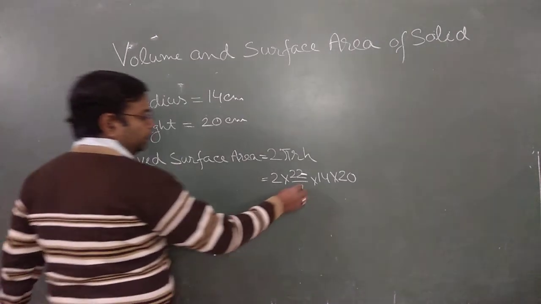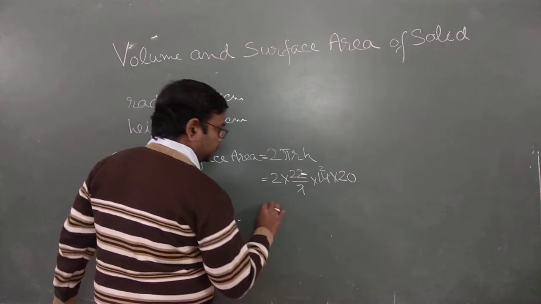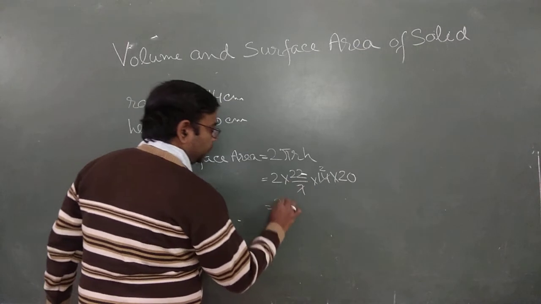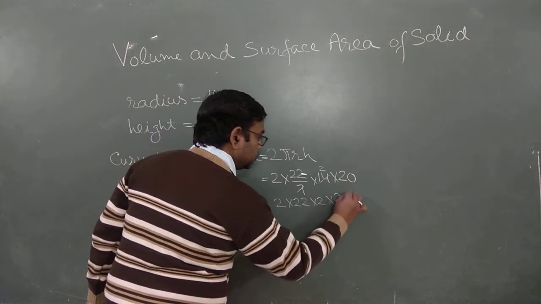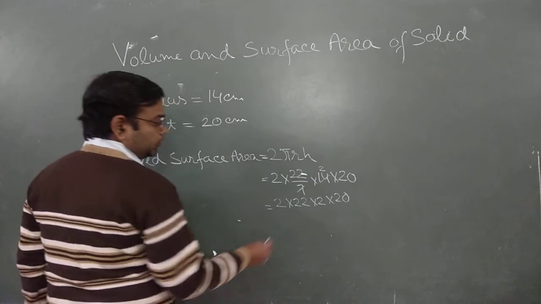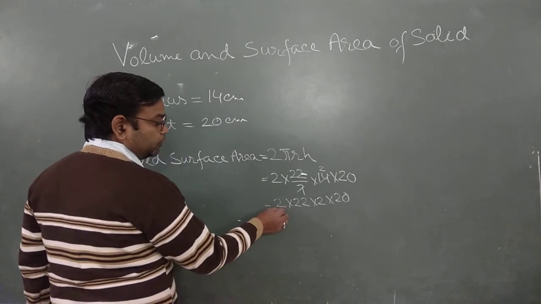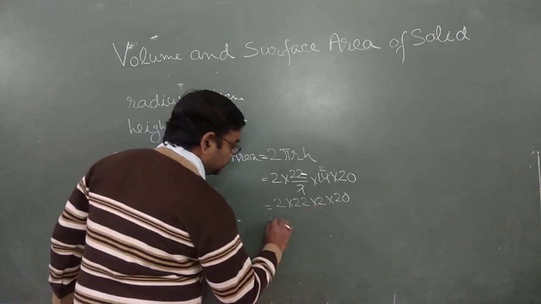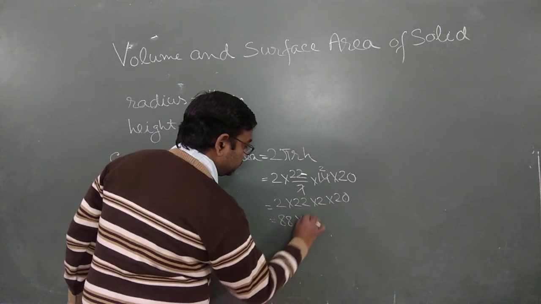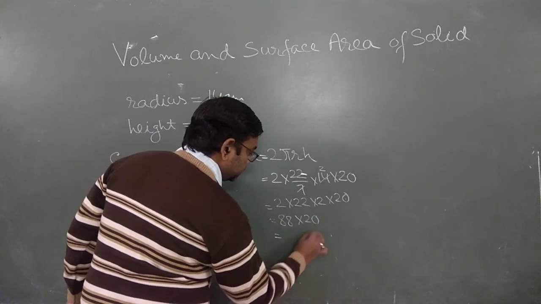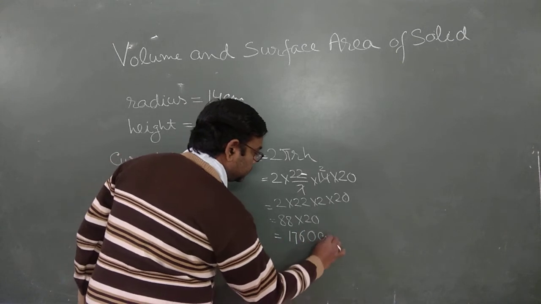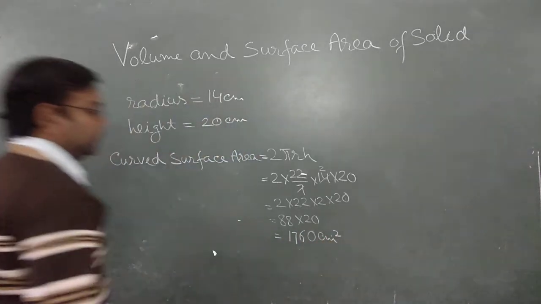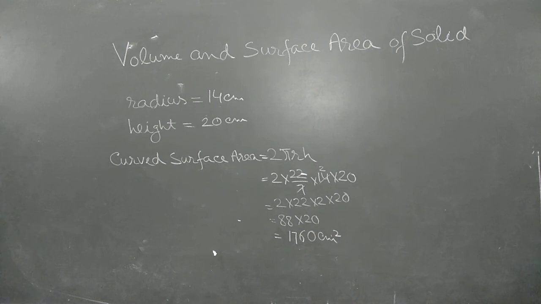When we solve it, we have 2 into 22 into 2 into 20. Now 22 2s are 44, 44 2s are 88, into 20. It is 1760 centimeter square. Clear? 1760.